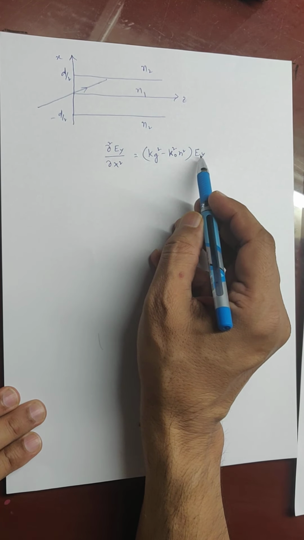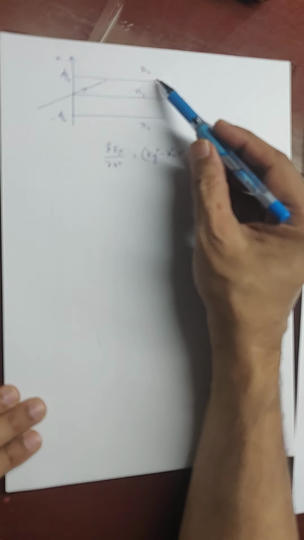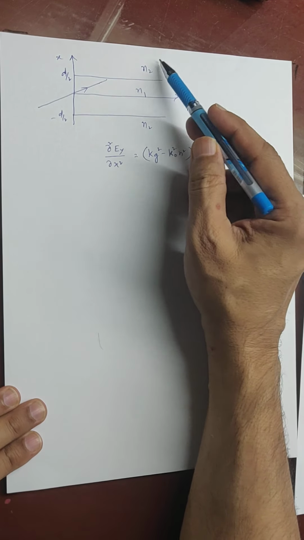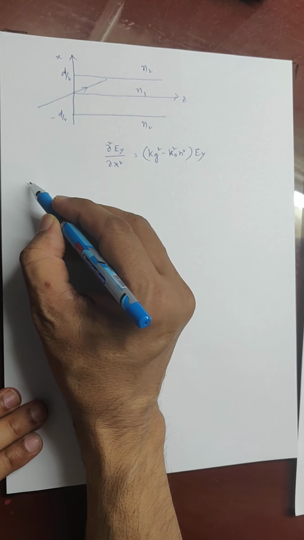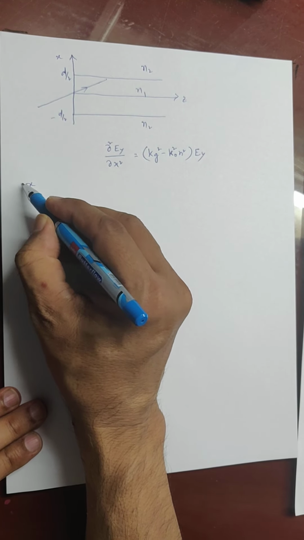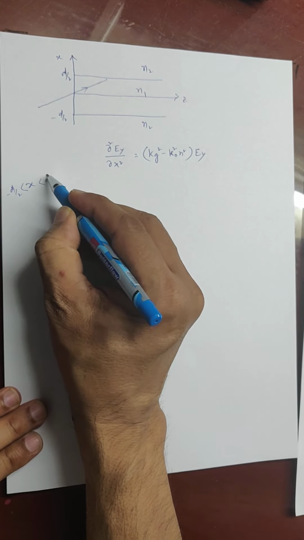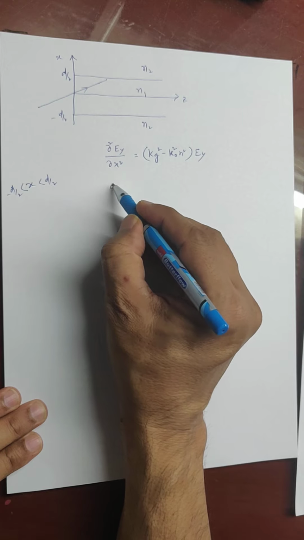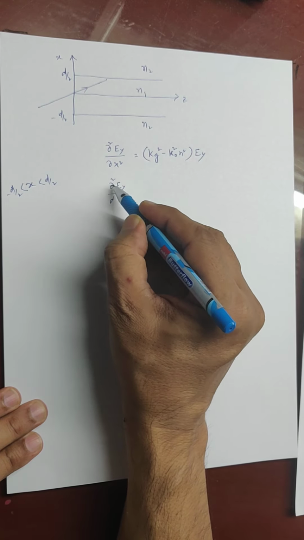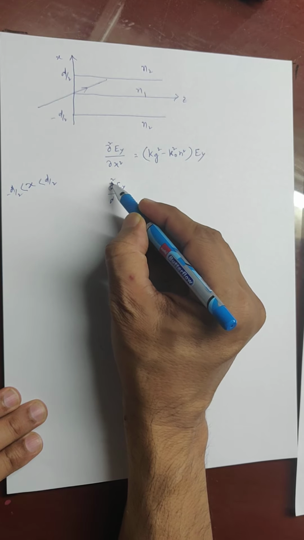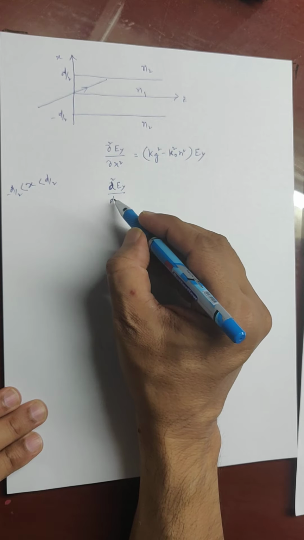So Ey is the solution of this, and n is n1 between these two boundaries, and beyond that it is n2. So for the region in which x is between minus d by 2 to plus d by 2, the equation would become basically d2 Ey by dx2. This can now be taken as a complete differential also, because now it is a function of only x.